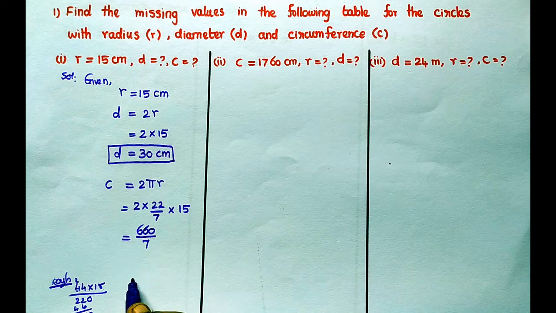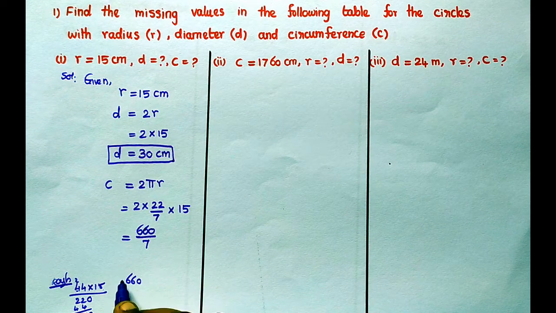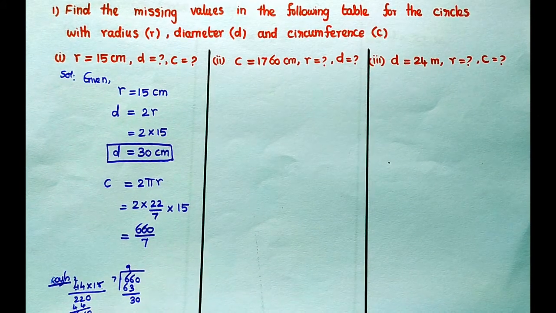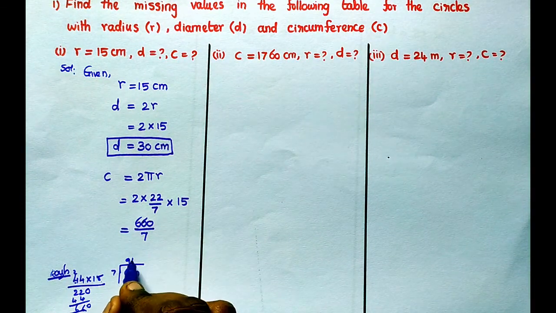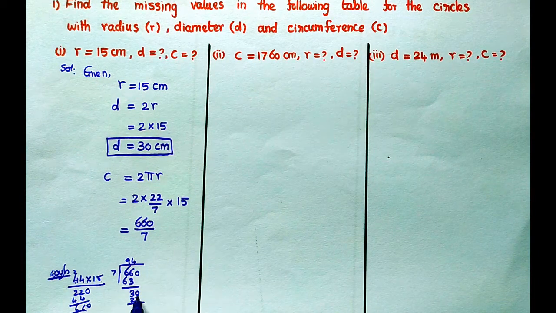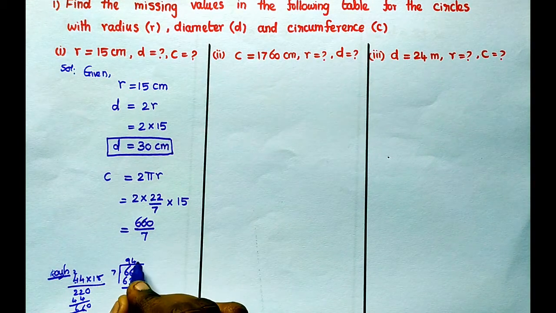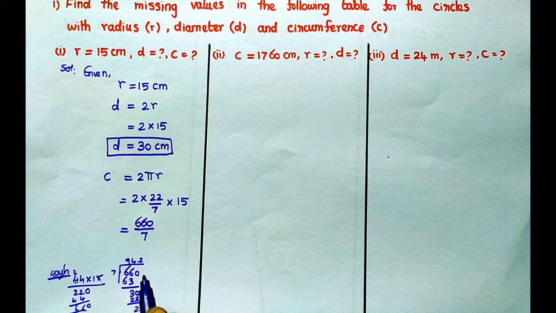660 divided by 7, we divide this number. How many times? 9, 63, balance 3, 30. Again 4 times 28, 2. 20 minus 14, 6.